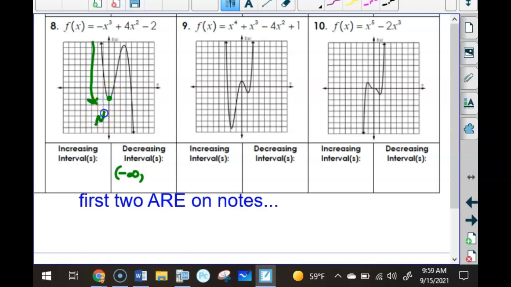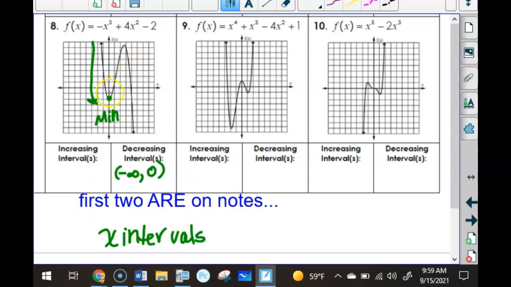We would have to find that min. Does everybody get that this is tied to what we just did? The min is where it stops decreasing. And I think it's just at 0. Does that look right? Okay, and that's the x value. The y value is -2, but you want the x values again. These are x intervals.